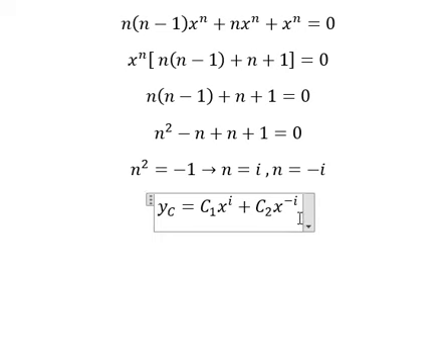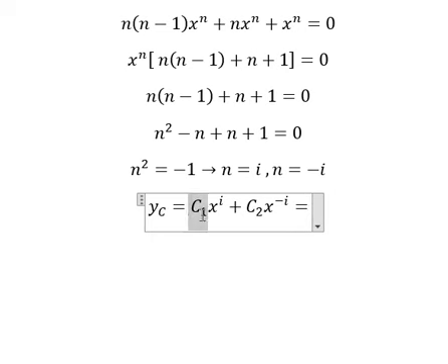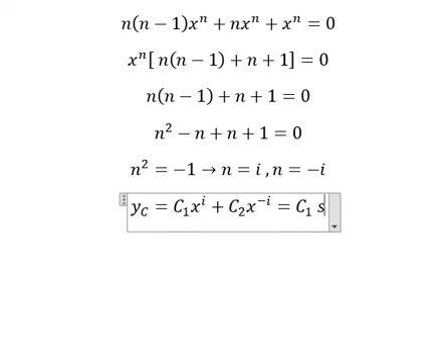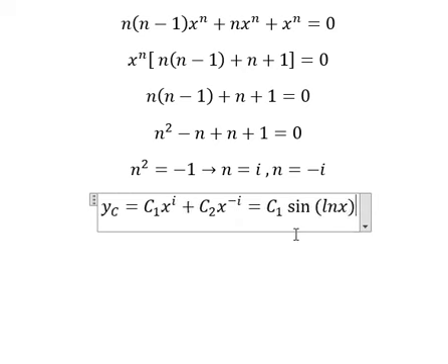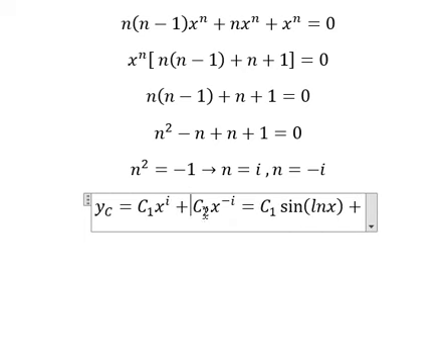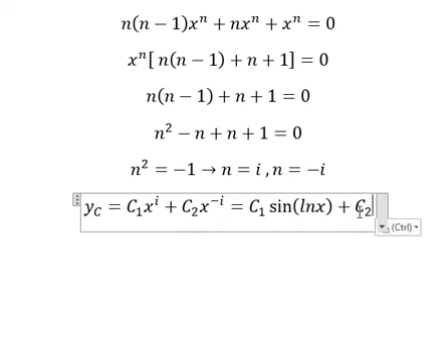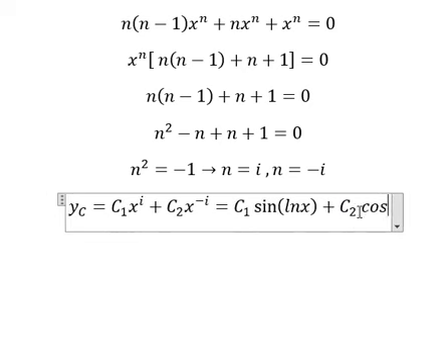So in this one we can put c1 sine of ln s, and c2 cosine of ln s.